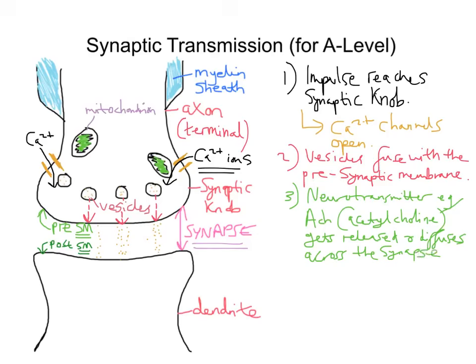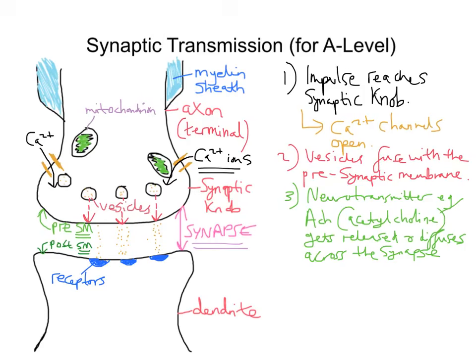Now, when you look at the postsynaptic membrane, what you find is that there are actually receptors on this postsynaptic membrane, receptors for this neurotransmitter, which, again, not to scale, but we're just going to colour this in blue here. So these are special receptors for that neurotransmitter.